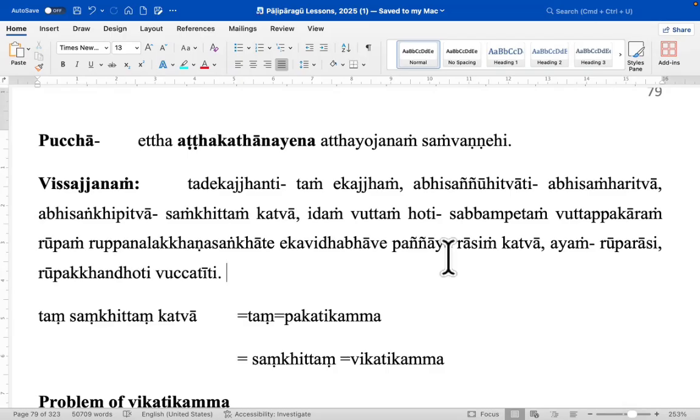So those many kinds of matter should be grouped into one by means of wisdom. This grouped method is called Rupakkhandha. According to the Vibhanga, every khandha has 11 kinds: past, future, present, inferior, superior, far, near, subtle, etc. So matter also has 11 kinds, but those 11 kinds are grouped into one as Rupakkhandha only through wisdom.